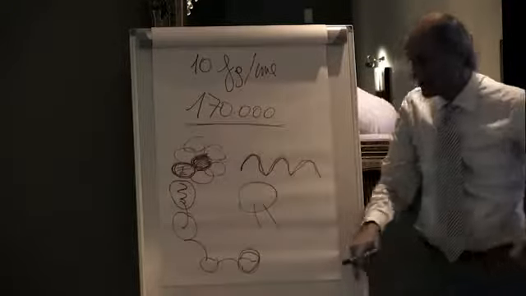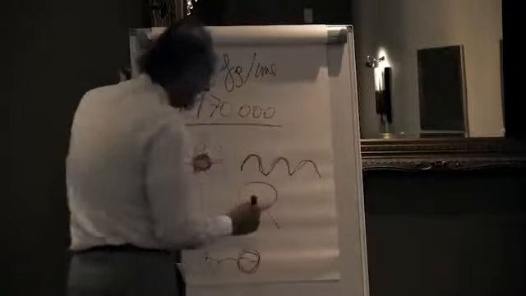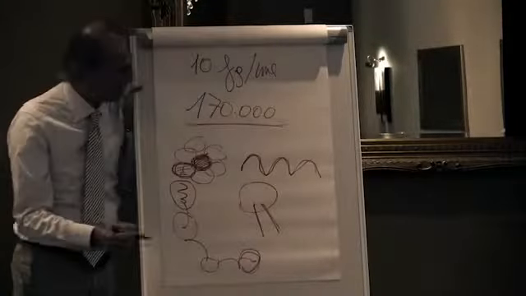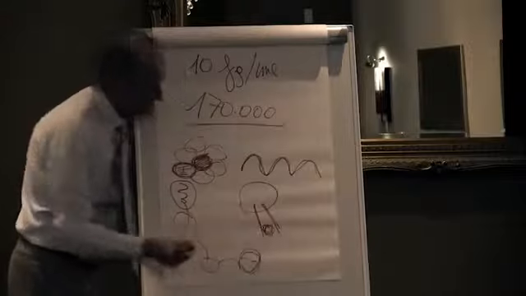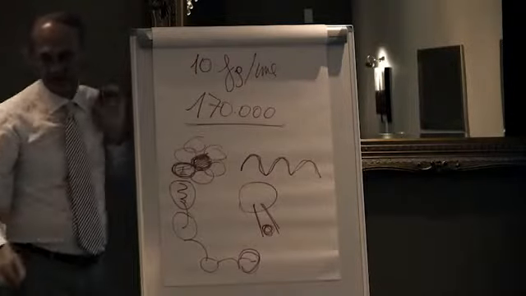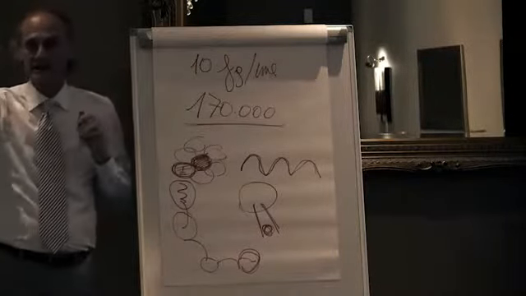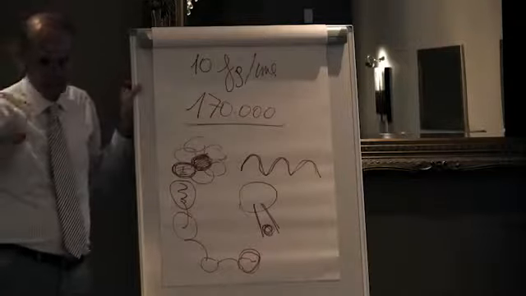And look, at the university we learned that the binding between a hormone, for instance, and its receptor is like a key in the door. No? It's not this way.